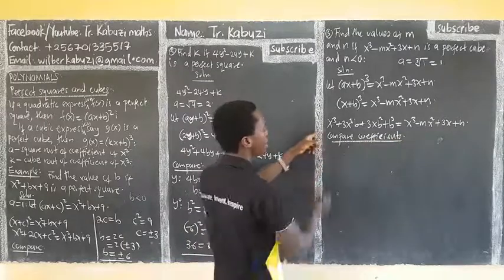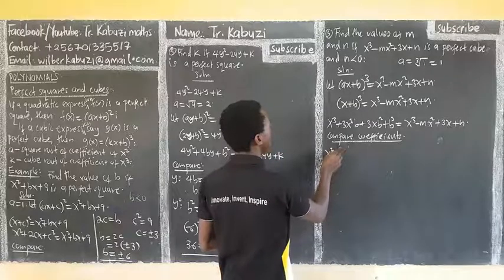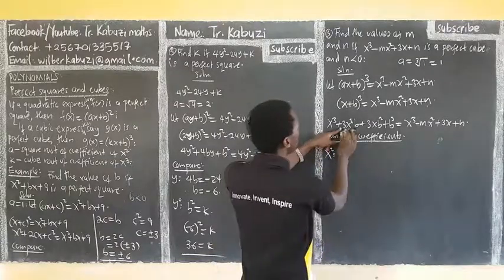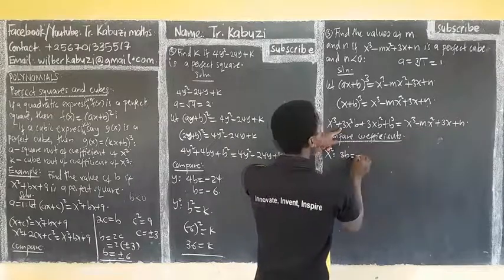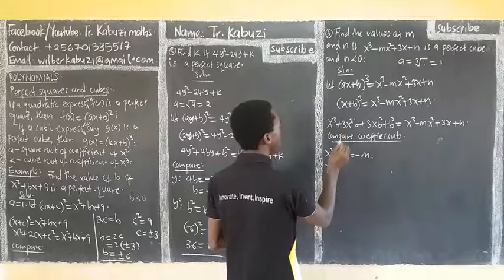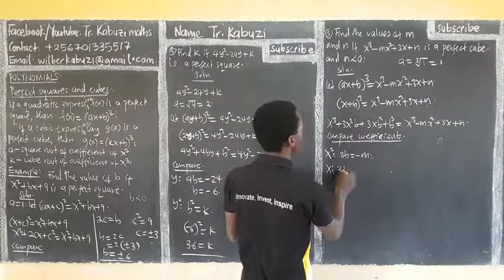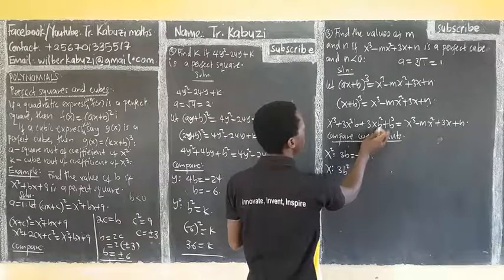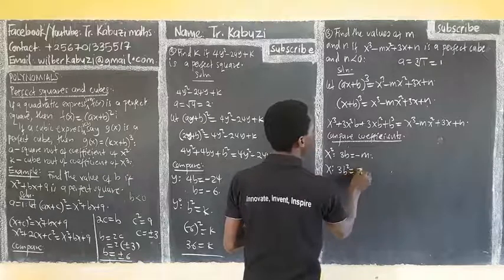for x cubed it's 1 and 1. Then for x squared, the coefficient this side will be 3b, then this side it will be negative n. Then if you compare x only, this side we have 3b squared for x, then this side we have 3.